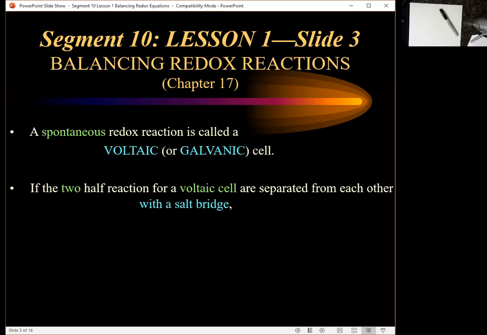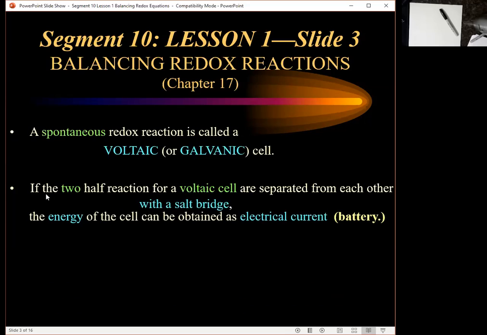Sometimes it's something that simple. That's what we do in lab. Or you can have a little U-shaped glass tube filled with potassium chloride gel, and just hang that bridge between the two beakers.